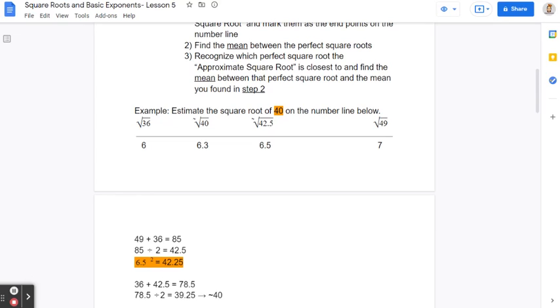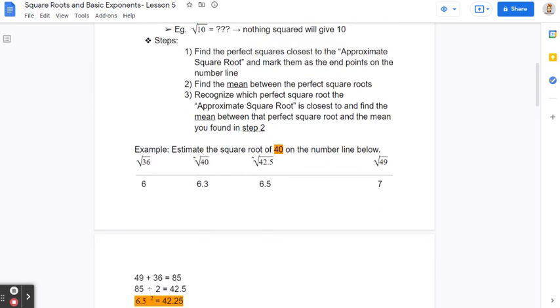Then we realized that 40 would be closest to 36, and so we took 36, we added it to 42.5 to get 78.5, and divided it by 2 because we're working with mean, and there are two numbers. So we divided by 2, and we got 39.25, which basically is approximately 40. And this is a correct answer, and that's how you would check your work.